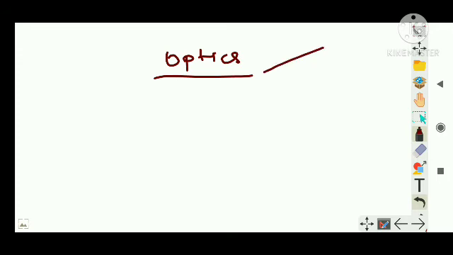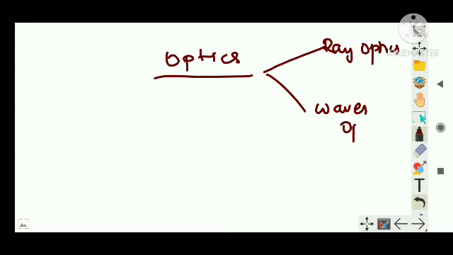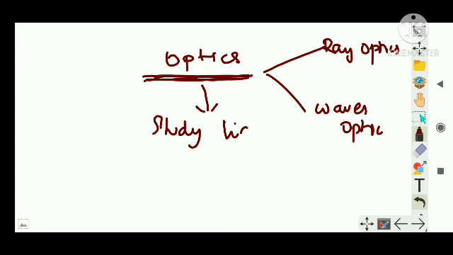Because in NCERT, optics is further divided into two chapters, which are ray optics and wave optics. Actually this is based on a single branch of science, and optics is the branch of science which studies light.